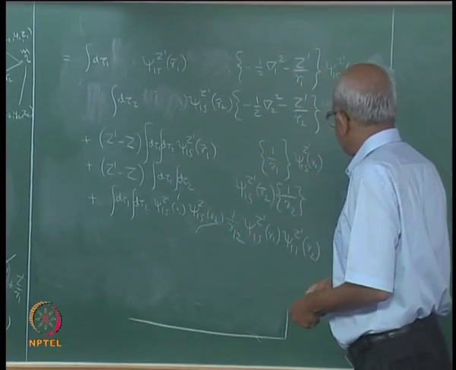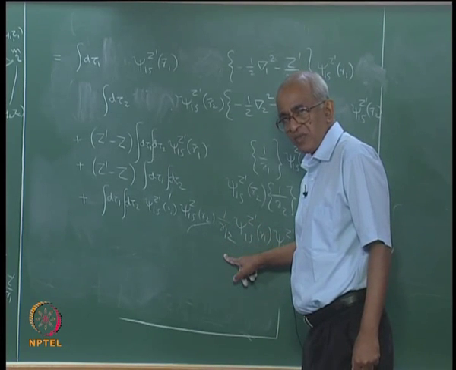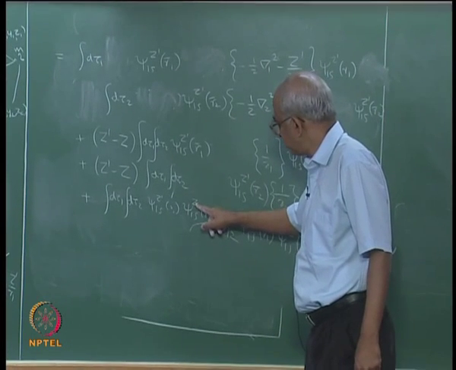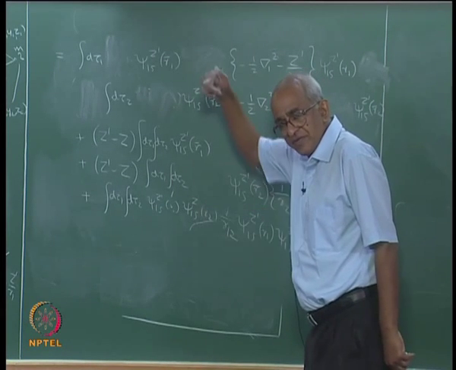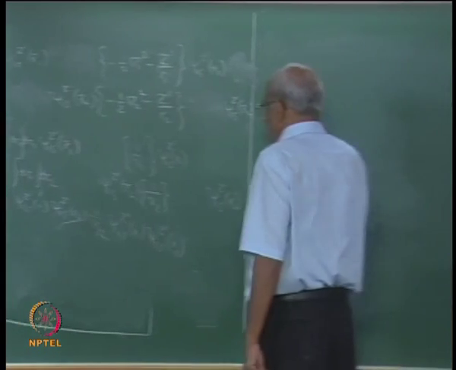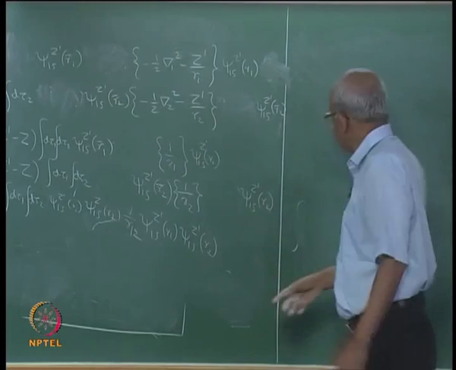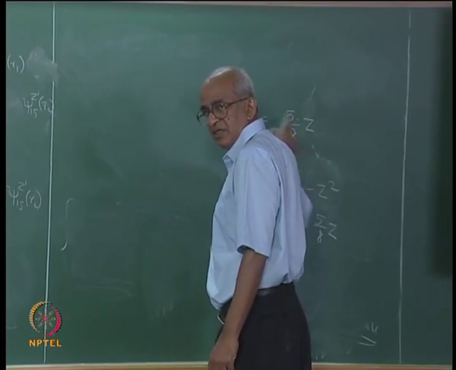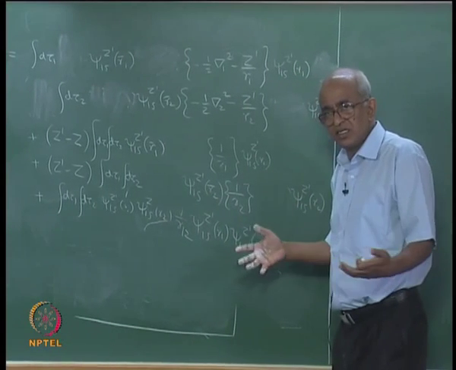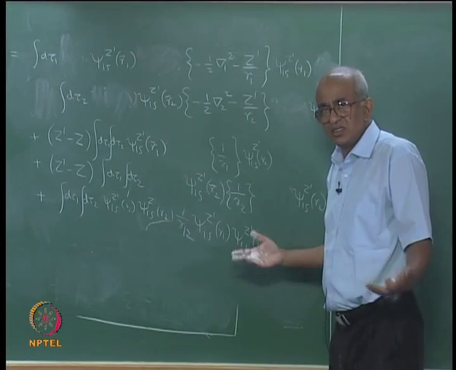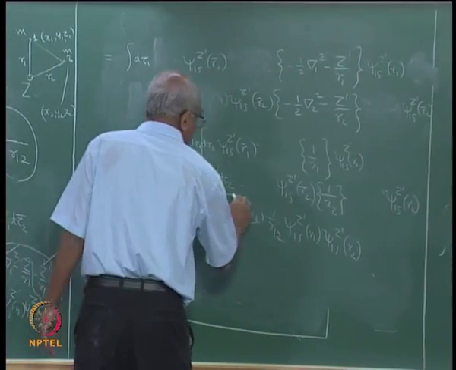These two electrons are actually interacting with an electrostatic interaction, and these orbitals have the effective nuclear charge Z prime. If the charge was Z, we know how much the value of this integral is, the electrostatic repulsion. If the value was Z, then the answer is 5 by 8 Z. So, therefore, I can generalize that and immediately say as far as this is concerned, it is nothing but 5 by 8 Z prime. Okay, so, this is actually 5 by 8 Z prime.